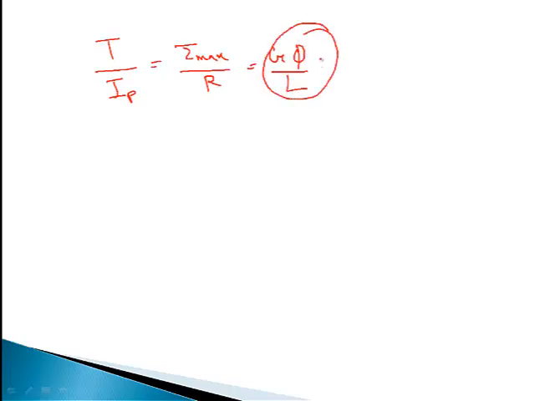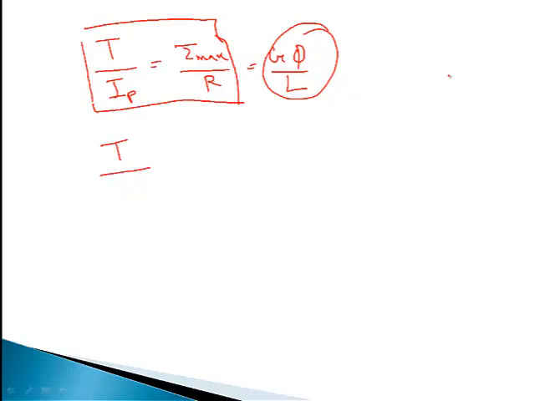Again we know from the torsion equation, T by IP equal to tau max by R equal to G phi by L. Again the term G phi by L has no reference with the question, so we'll go with this equation. T is the torque which is generated, IP is the polar moment of inertia.